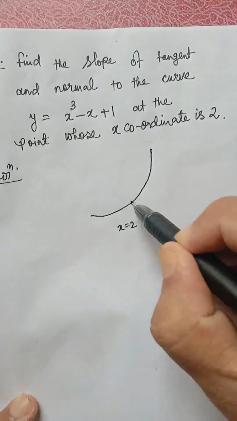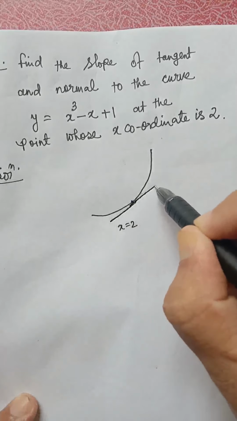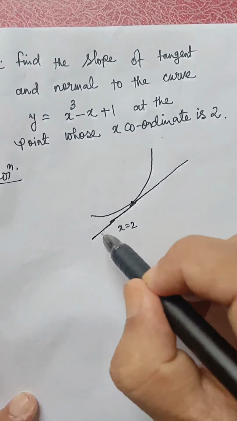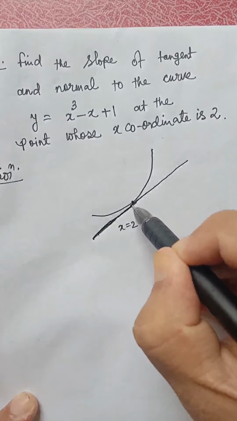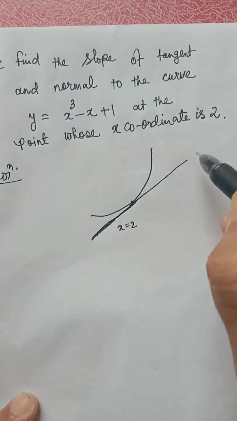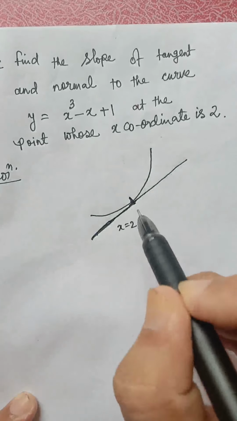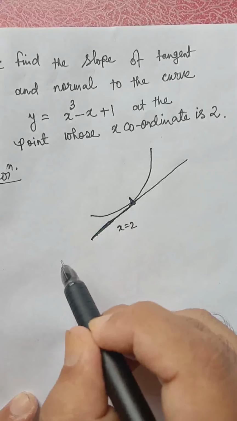At this point, suppose a tangent is drawn to the curve. We know the slope of this tangent will be dy/dx at x = 2, because this is the tangent at x = 2.